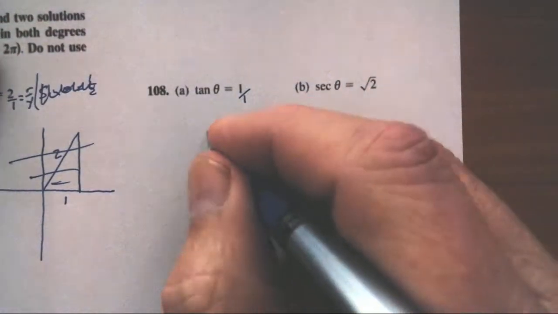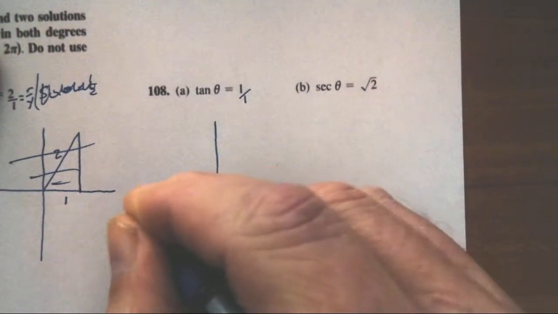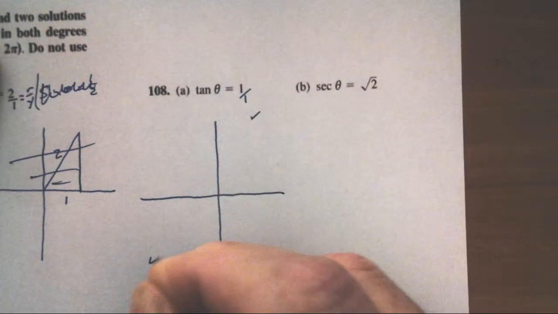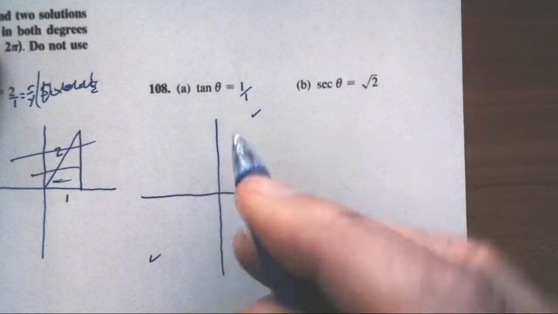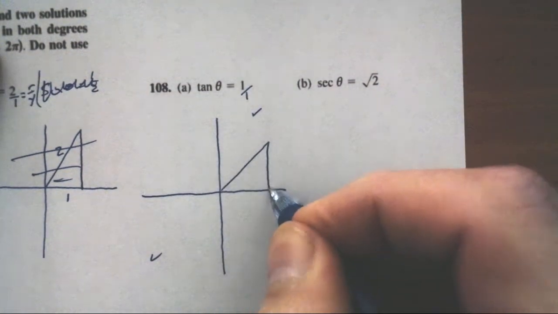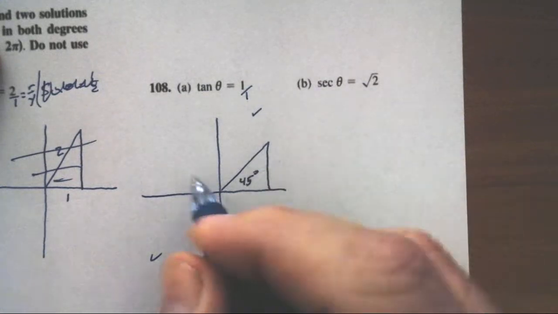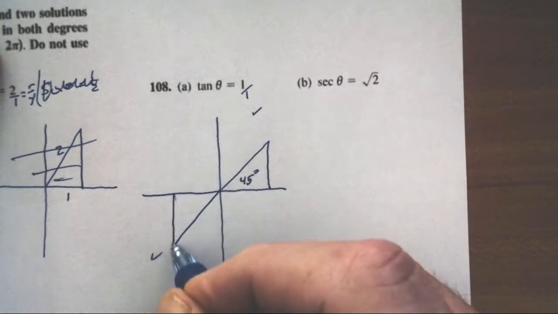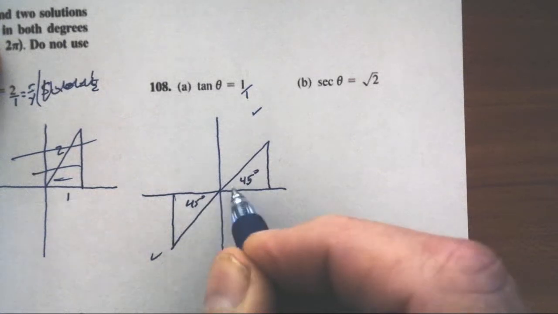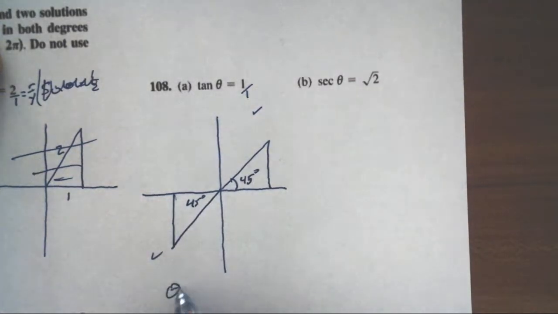Okay. When is tangent 1 or 1 on 1? When is tangent positive? Here or here. Y to x, 1 to 1. Well, that is clearly a 45-degree angle and a 45-degree angle here. One full revolution.